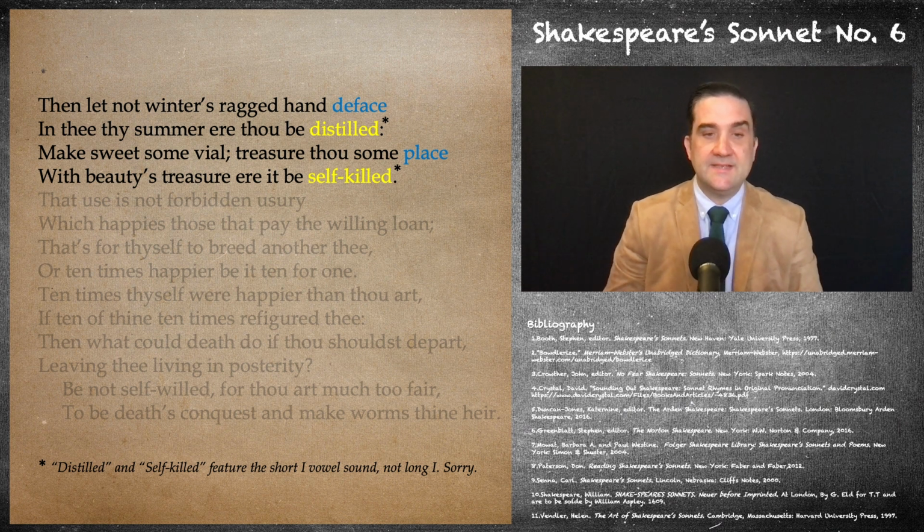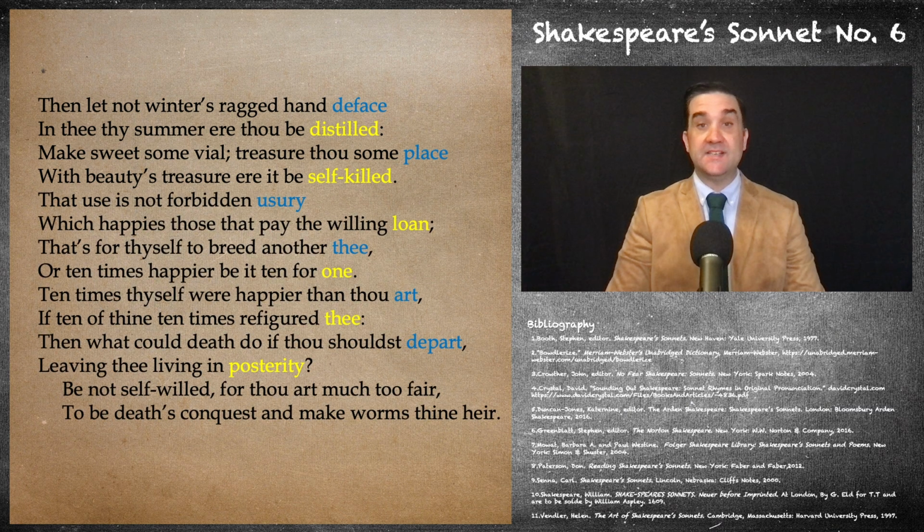Okay, so the last thing I want to talk about in terms of the rhymes of this quatrain is that, for me at least, there's a certain way to read a Shakespearean sonnet so as to amplify the euphonic nature of the rhyme scheme. There's a way to read it, that is, to make it more phonaesthetically pleasing. As we already know, the Shakespearean or English sonnet, like sonnet number 6, features a rhyme scheme of AB, AB, CD, CD, EF, EF, GG.